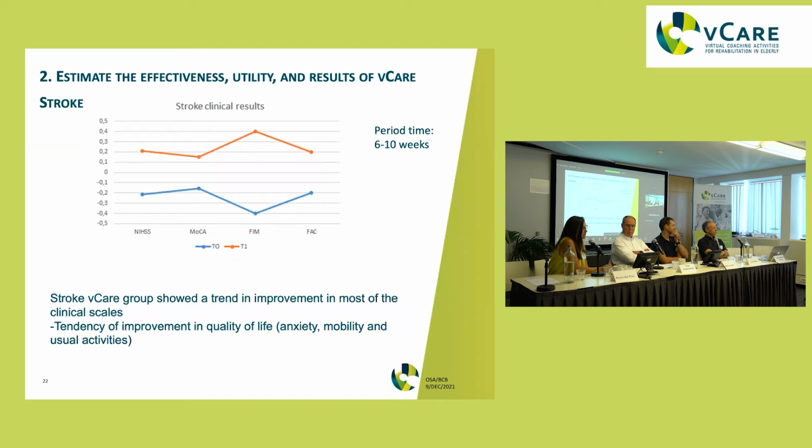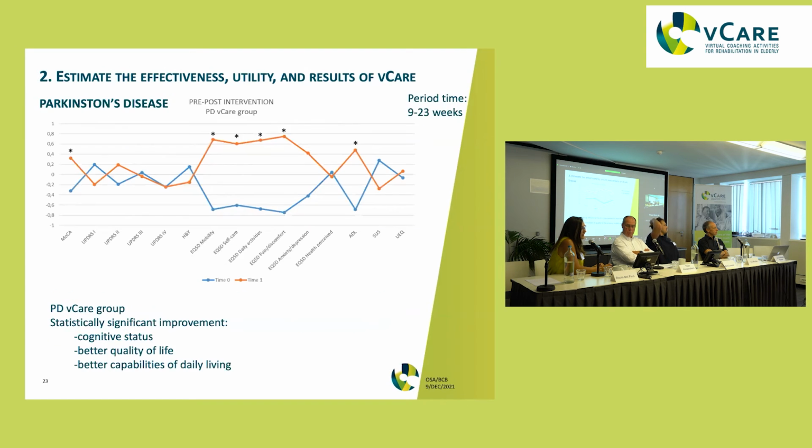In the case of stroke, they found a tendency of improvement in clinical scales, specifically in quality of life, anxiety, mobility, and usual activities. In our case for Parkinson's, we found statistically significant improvement in cognition and in quality of life, and also better capabilities of daily living.